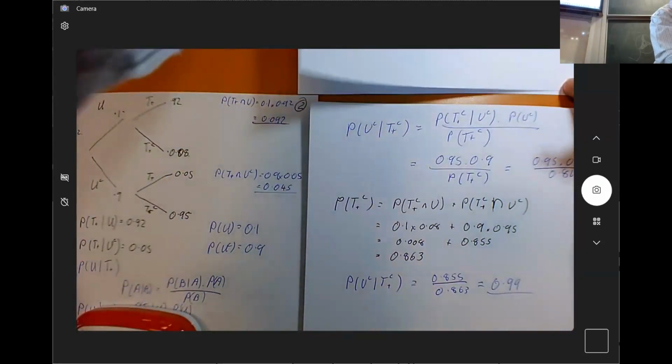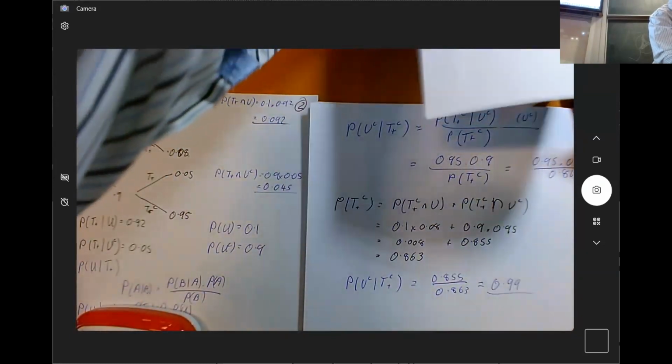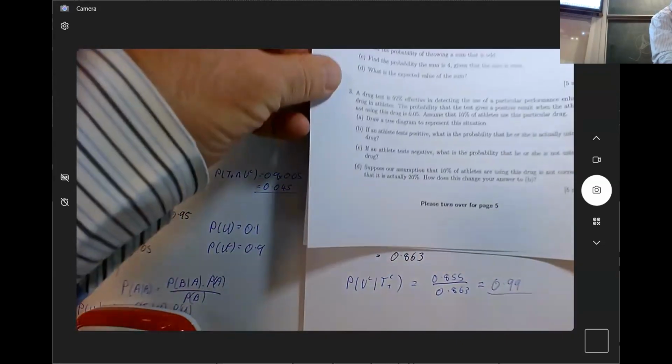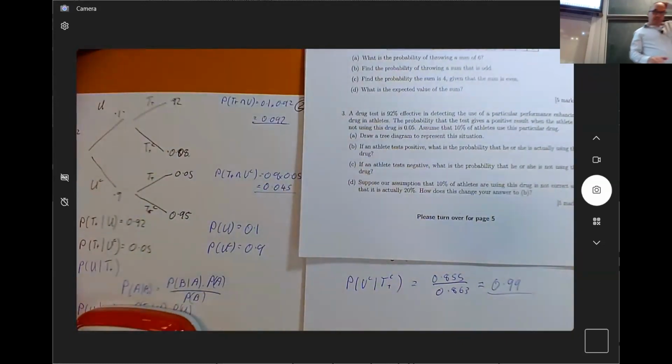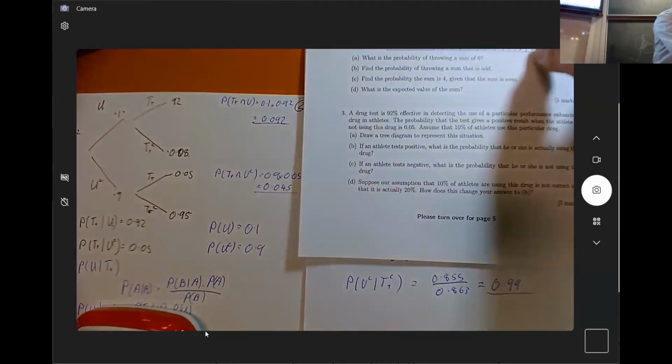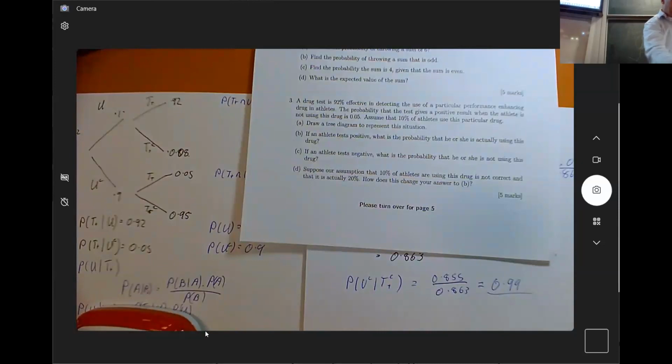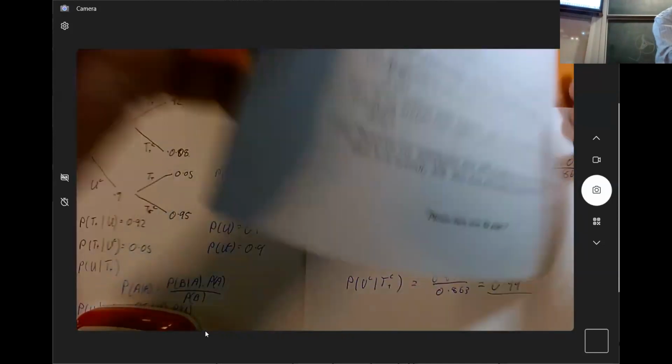Suppose, hey, what happens here? So the last part of this question is: suppose the assumption that 10% of the athletes were using the drug is not correct, and that actually it's 20%. That means we're going to repeat that calculation with 20%.